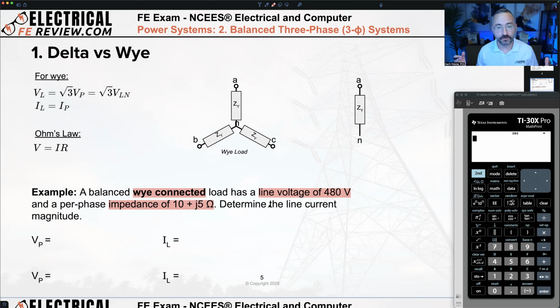How can we tell? When we're dealing with power, we're almost always working with RMS values. And we talked about it last week. Really, the only time we work with sinusoidals and peak and maximum values is when we're looking at power electronics, things like rectifiers and inverters, where we're looking at the signals with respect to time. Another way you can tell this is RMS values is that 480 volts is a very common three-phase voltage.